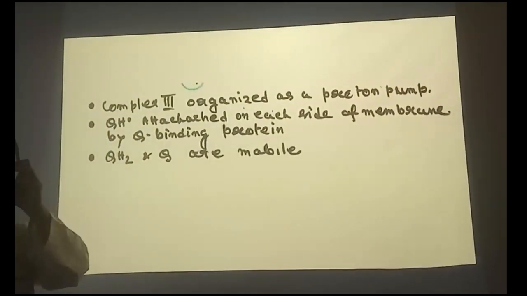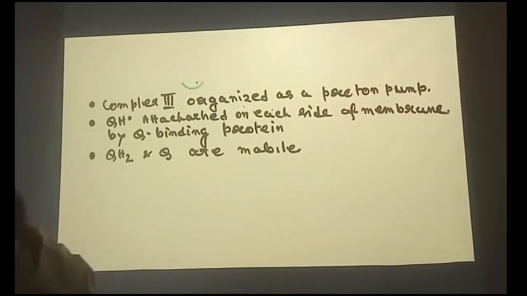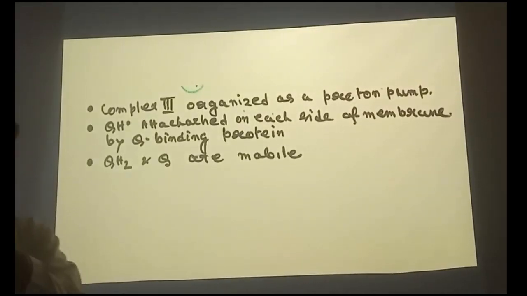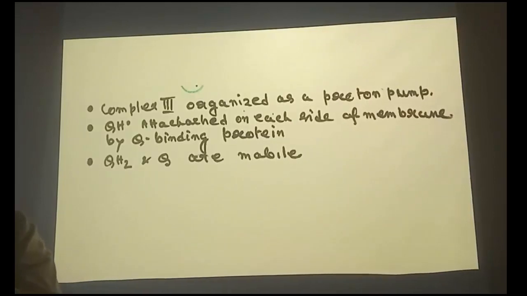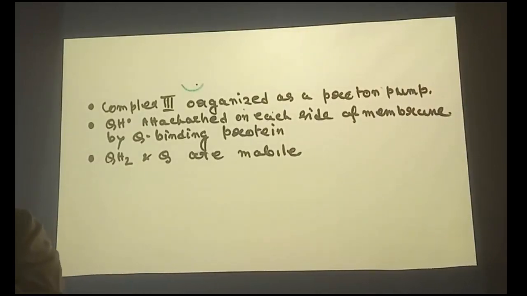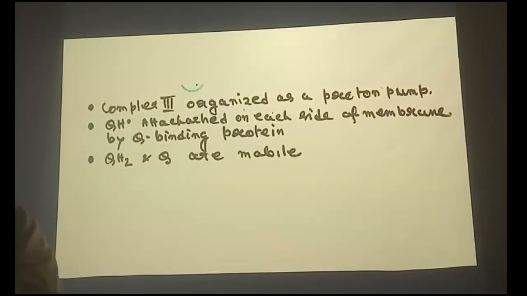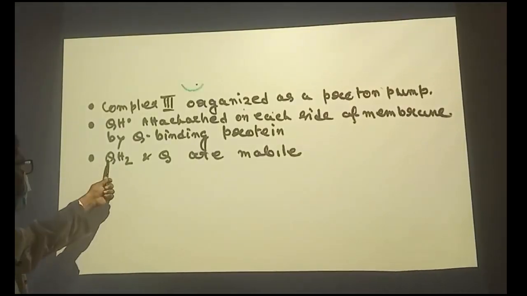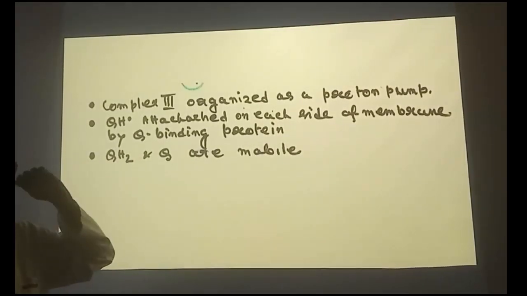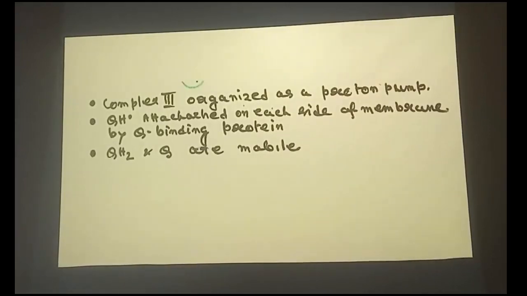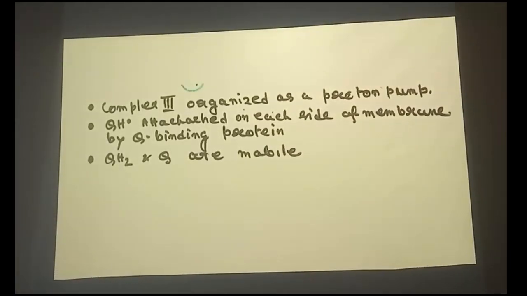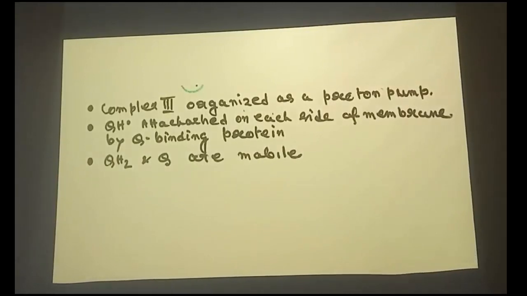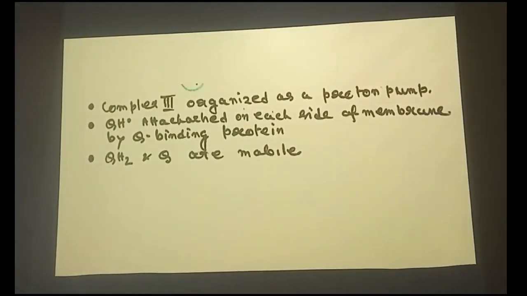When the semiquinone form is there, it takes up an electron from the previous complex and a proton from the matrix. So the matrix proton is also released whenever QH2 is converted to Q. So each electron transport is simultaneously accompanied by a proton pump. The proton gradient is produced. The next please.